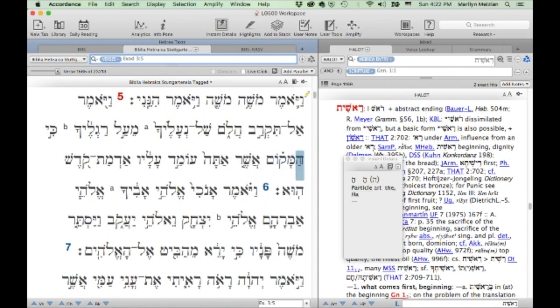So here we have the place that or which you are standing upon it. Okay, that it, the suffix here, is redundant in English.